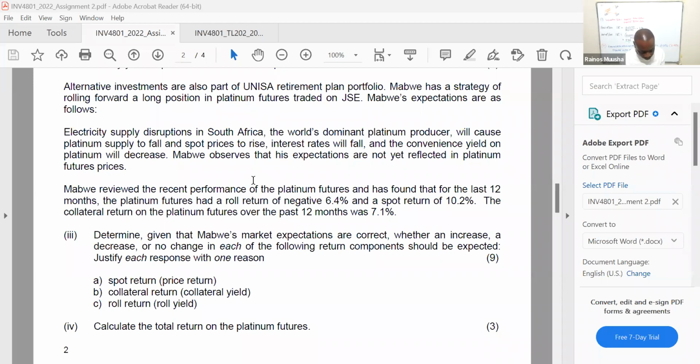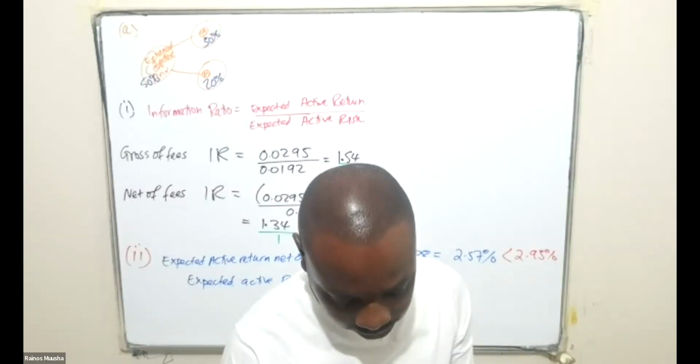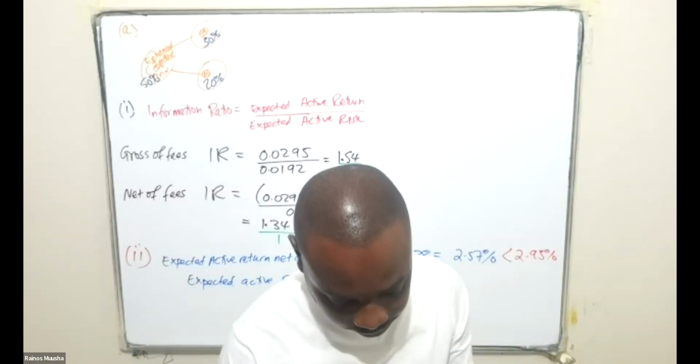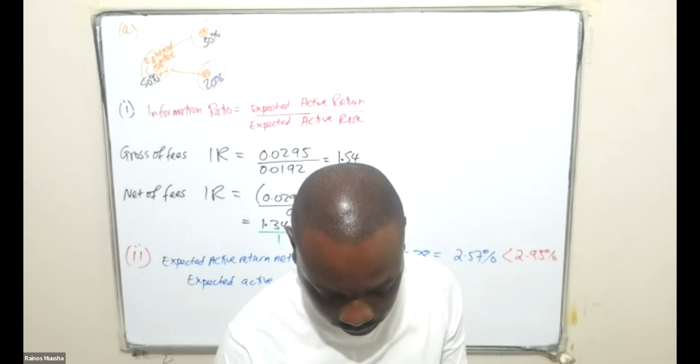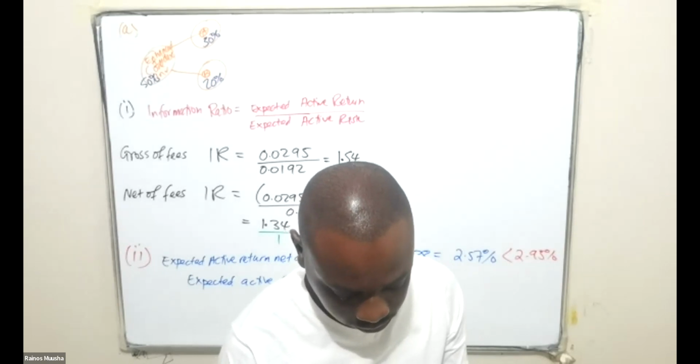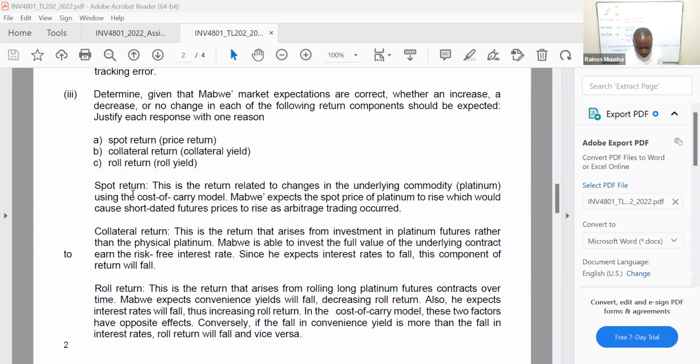So if you check the lecturer's answer, when you look at the spot return, they say this is the return related to changes in the underlying commodity, which is platinum, using the cost of carry model.